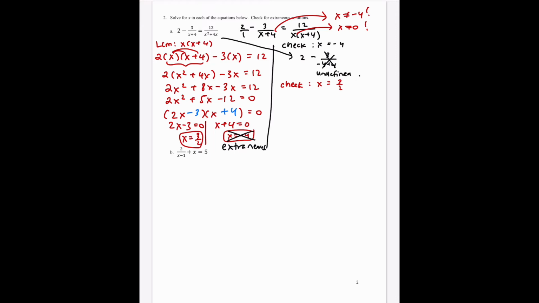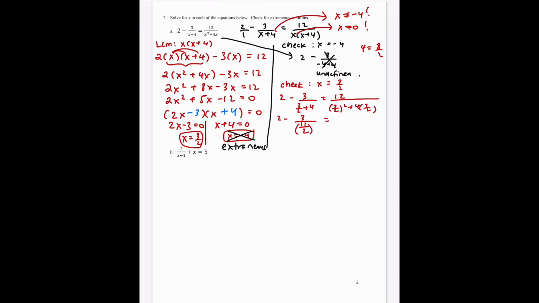So if you check 3/2, it should be 2 minus 3/2 plus 4, equal to 12 over 3/2 squared plus 4 times 3/2. So 3/2 plus 4: 4 is like saying 8/2, so 8/2 plus 3/2 is 11/2.